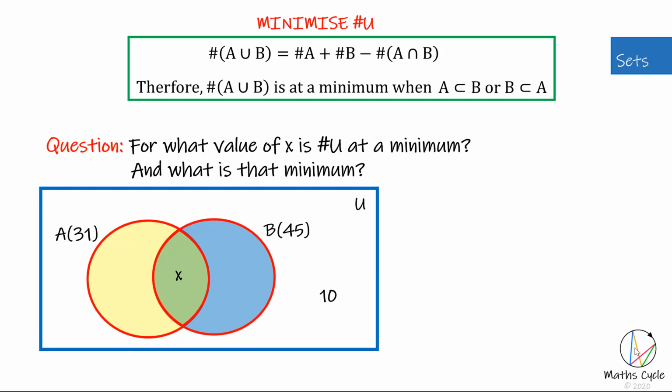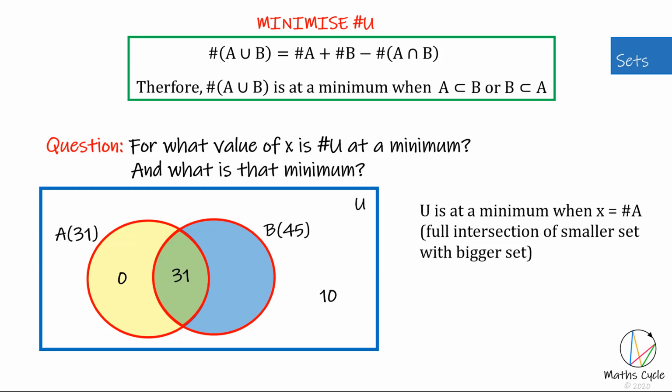So what we'll go with is that B will take in all of A into itself, okay? And that means then that A intersection B will be all of those 31 elements, okay? So all 31 will go into B and none will be left on the outside in A only. Okay, so U is at its minimum when x equals the cardinal number of A.